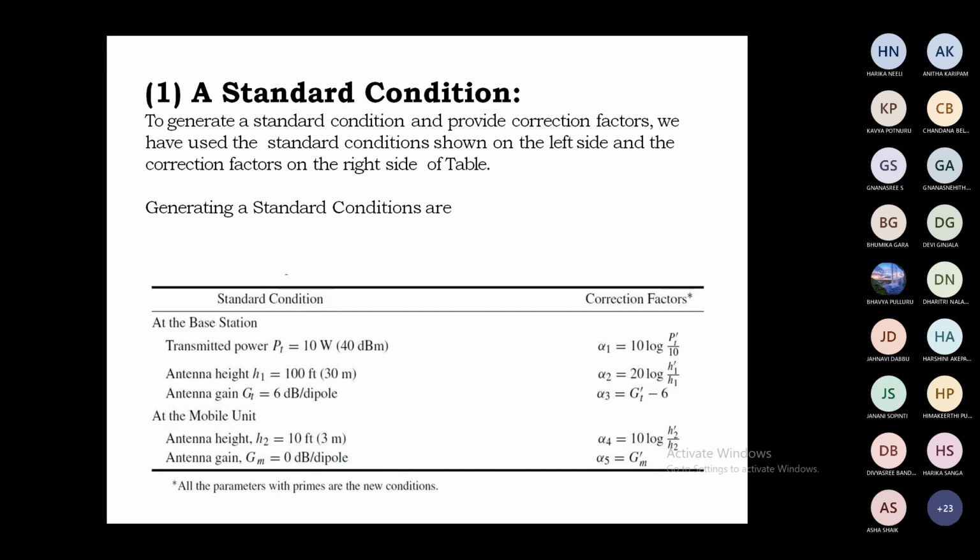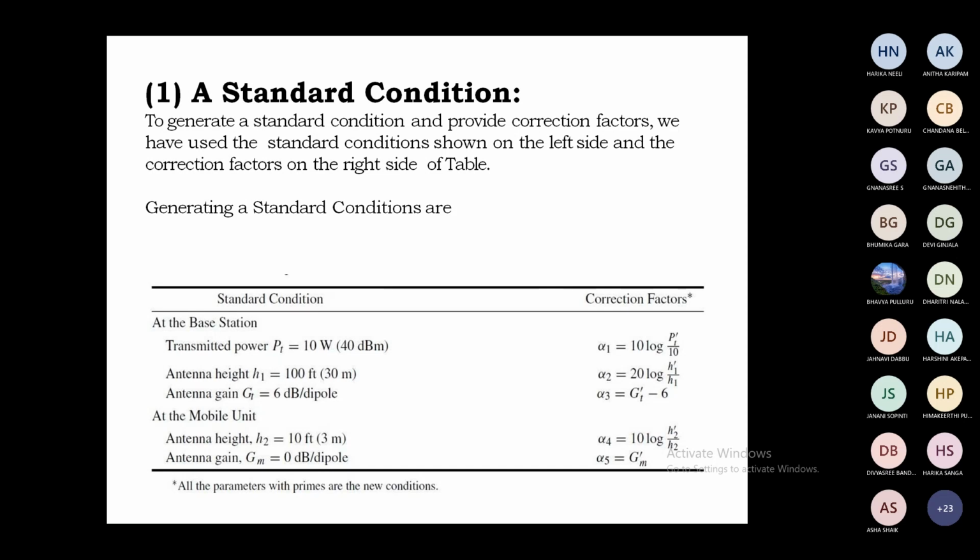That is, to generate this standard condition, we provide correction factors. This is a simple table showing the standard condition for both the base station case and the mobile station case, and what their correction factors are. Here at the base station, the transmitted power PT is equal to 10 watts, which converted to dBm is 40 dBm.